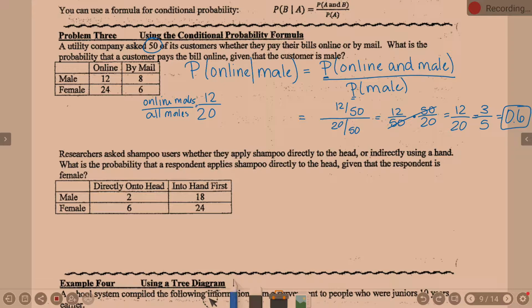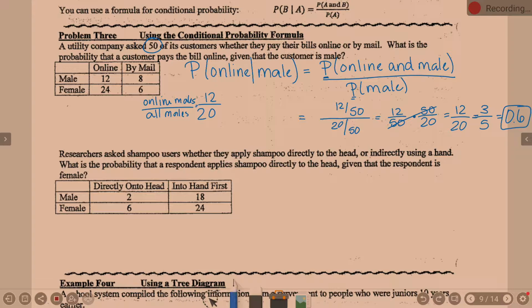Okay, let's look at this one. Researchers asked shampoo users whether they apply shampoo directly to the head or indirectly. I can't read the problem, sorry. Okay, process the question. Whoever does that is a psycho. They just take their hand, they're like, smack.